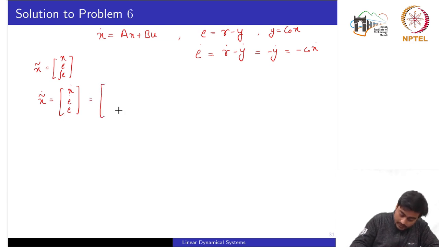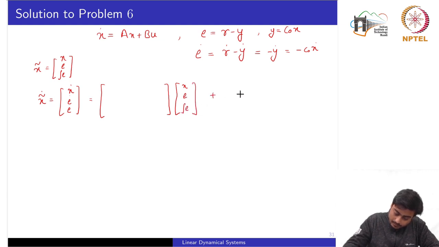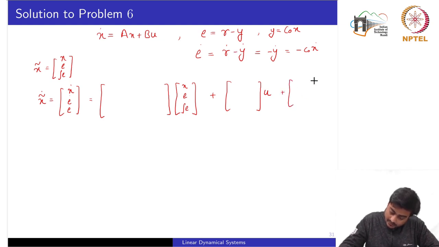I need to form this matrix where we have this x tilde as x, e, and integral of e, plus some matrix into u. We don't have the reference signal r, but possibly we could write and see whether we get any distribution matrix for the reference signal.